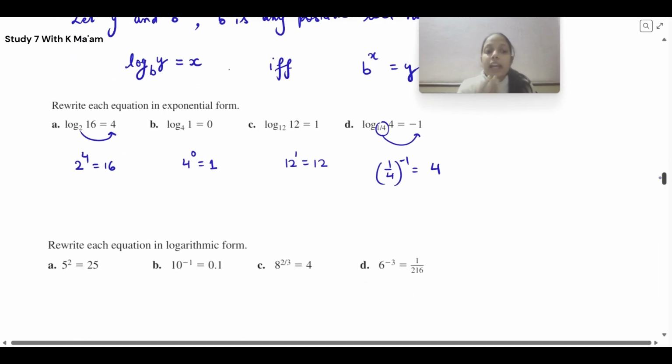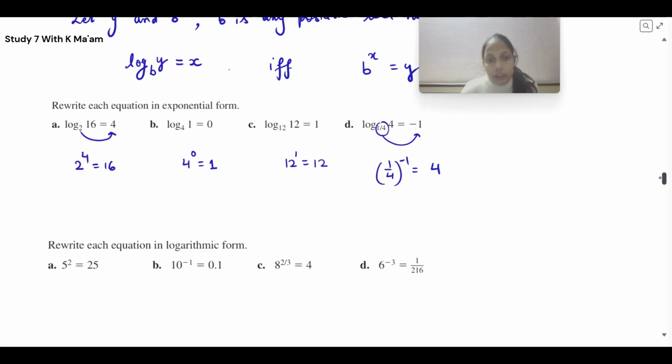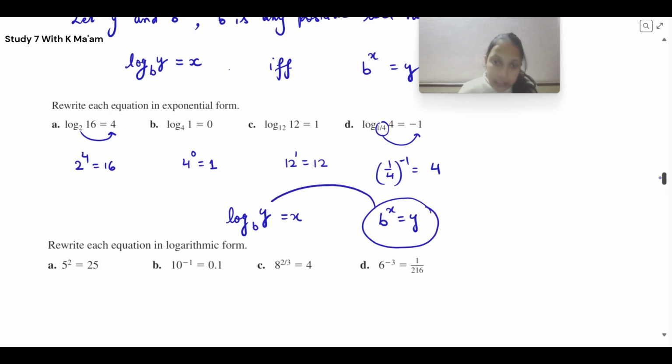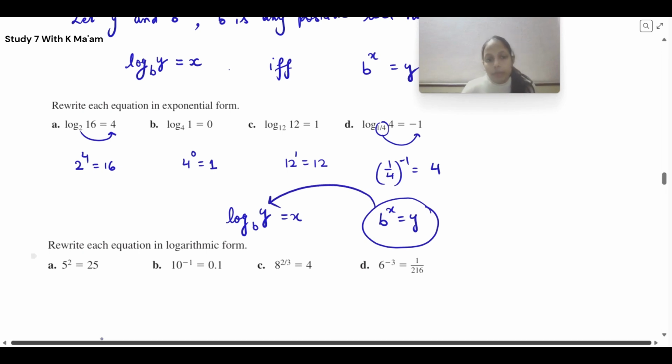Okay. Next, we are going to write logarithmic form. Exponential is given. For your convenience, log y of base b is x, and this can be written in exponential form, b power x is y. So this form is given; convert into this logarithmic form.